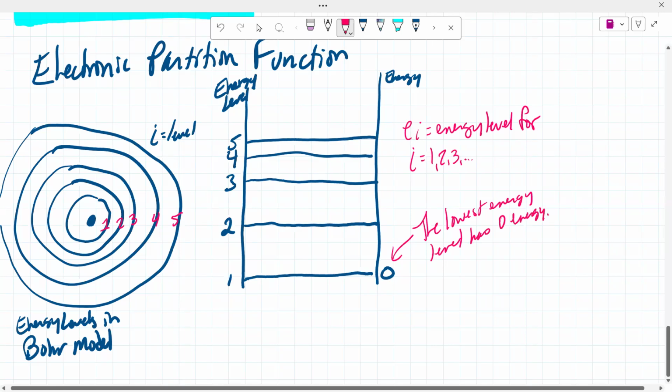In other words, it's the ground state. And therefore it's the lowest energy, and we set it to 0. Doesn't mean there's no energy and the electron doesn't move. It means it's the lowest energy state. Which is a little bit of a different thing.